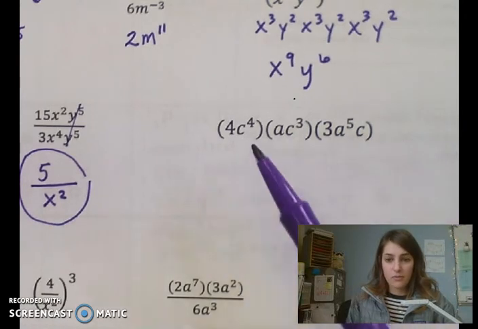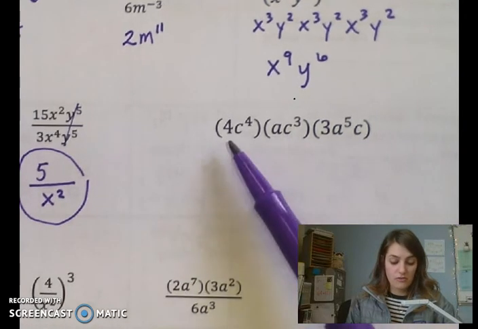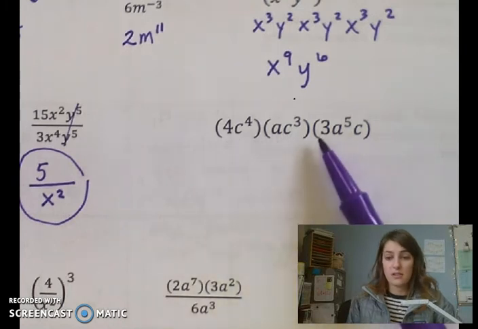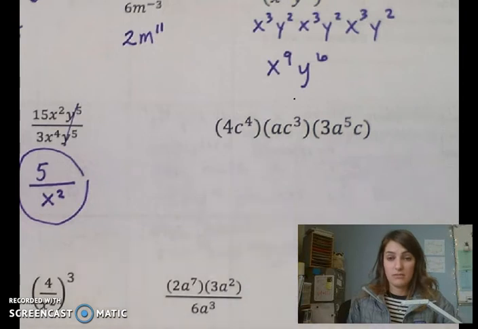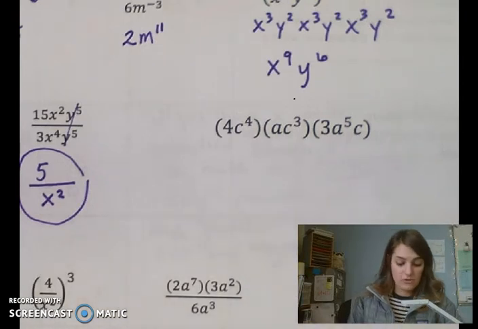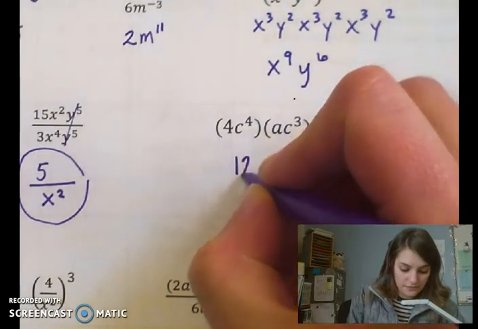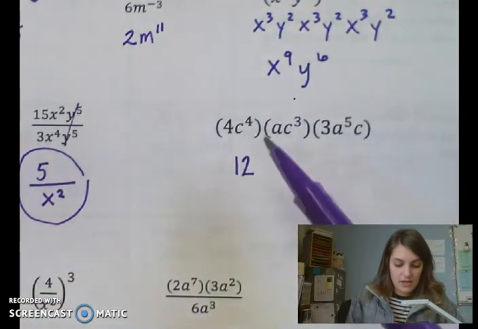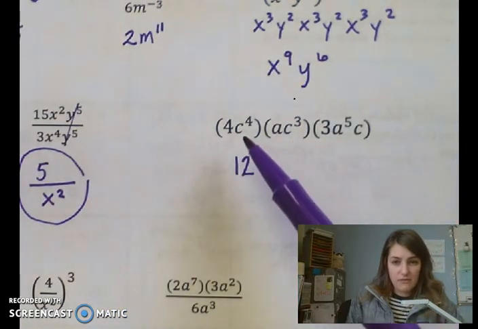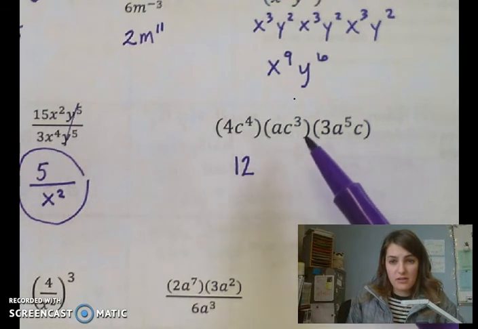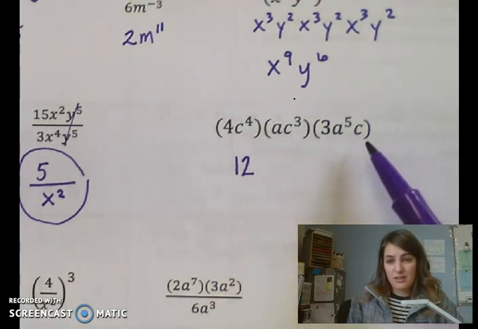So watch out for what's an exponent and what's not. So this 4 and this 3 are not exponents. So you're just going to treat them how you would treat numbers and multiply them. 4 times 3 is 12. Then we can combine our powers of c. So we have c to the 4th times c to the 3rd, which is a total of 7, and then times c to the 1st.